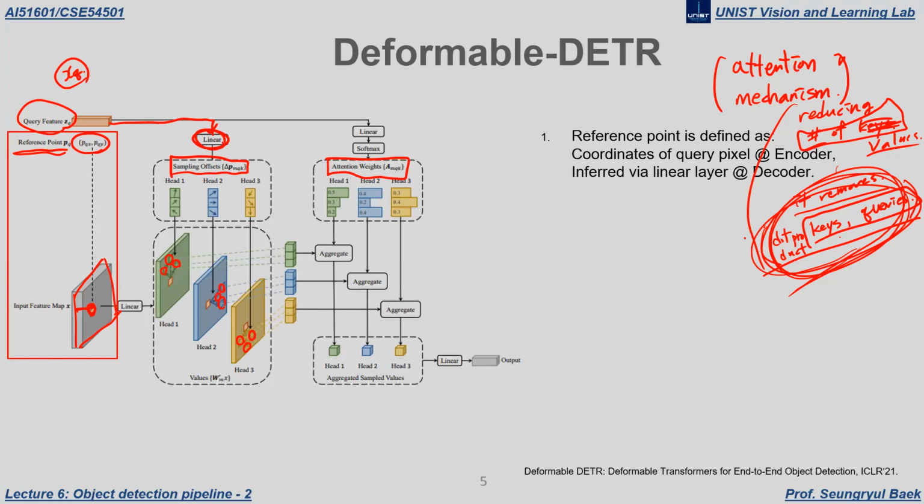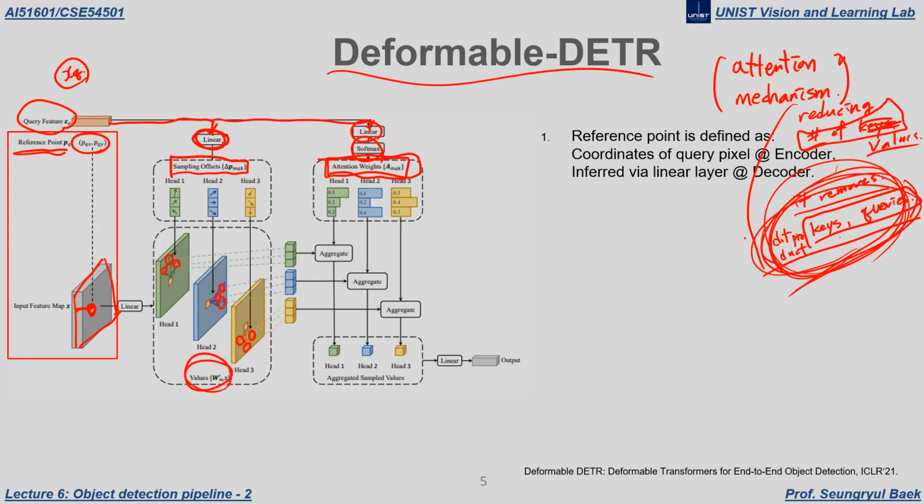Because of this attention weight calculation, the attention mechanism becomes complex. So instead of doing this dot product between n multiplied by n vectors, they directly estimate the attention weight from the queries using a linear operation. So in deformable DTR, there is no pairwise dot product anymore.